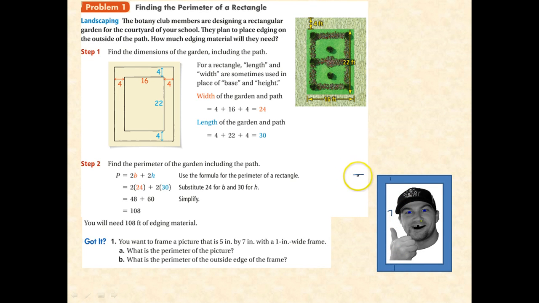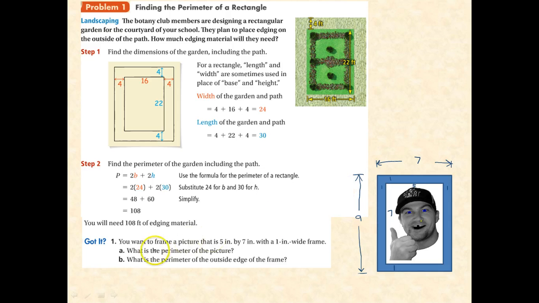So the total height is going to be 9. And then the total width is going to be 1 inch plus 5 inches plus 1 more inch. That is 7.